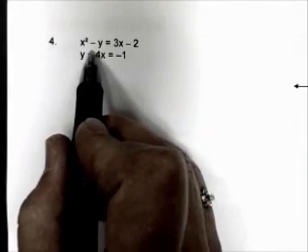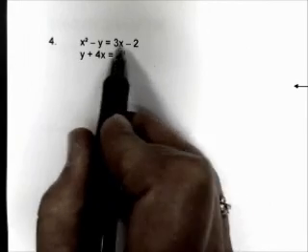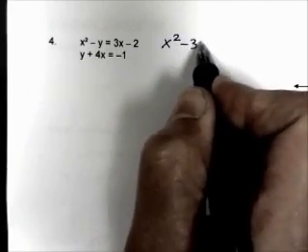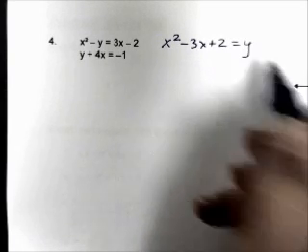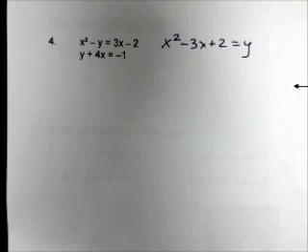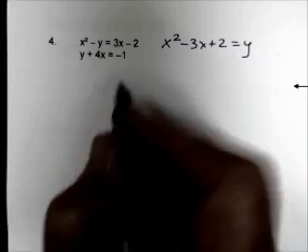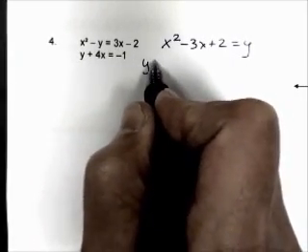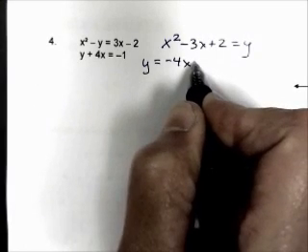All right, so if I add y to this side and then bring these two over, I'll have x squared minus 3x plus 2 equals y. And for our linear, subtract 4x, so I have y equals negative 4x minus 1.